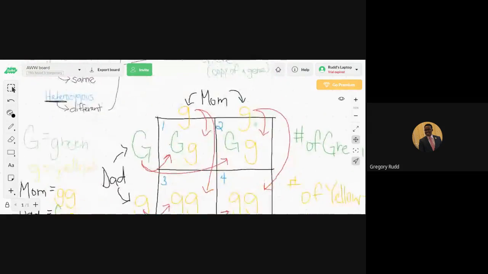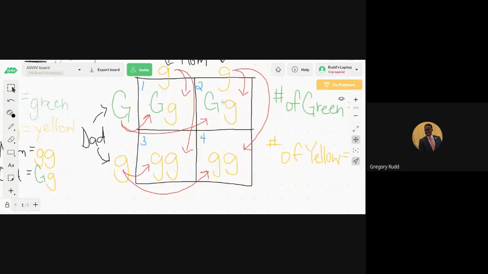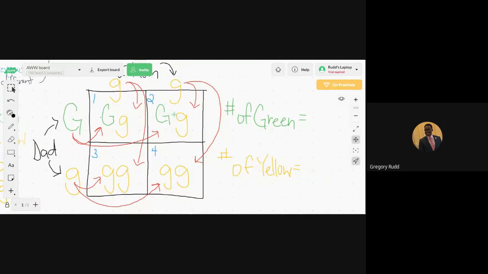But now that I've done my Punnett square, I've got 4 different genotypes here. I've got capital G, lowercase g in offspring 1. I've got capital G, lowercase g for offspring 2. I've got 2 lowercase g's for offspring 3 and 2 lowercase g's for offspring 4. So I've got 4 genotypes. All I'm asking now is for you all to tell me the phenotypes.